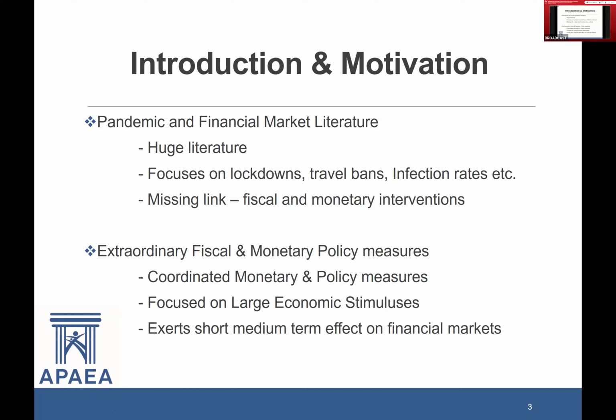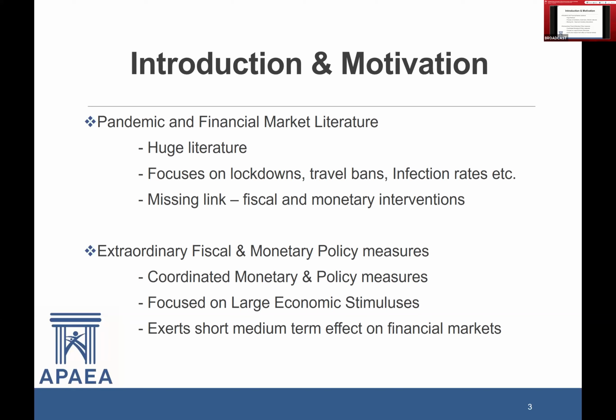Now, one of the things which has been missing in this whole literature is the missing link between the fiscal and monetary interventions. The case of fiscal and monetary policy measures has come up quite a lot during this COVID pandemic.